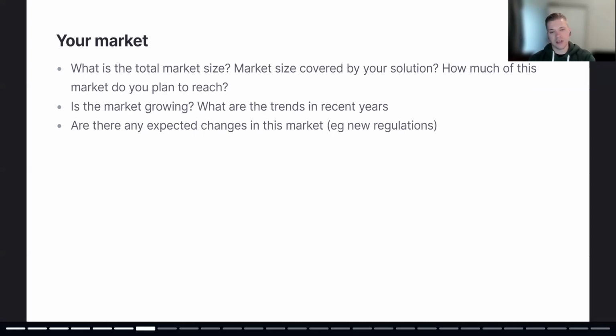And sometimes, especially here in Europe, you can find information about whether there are any legal changes coming up.